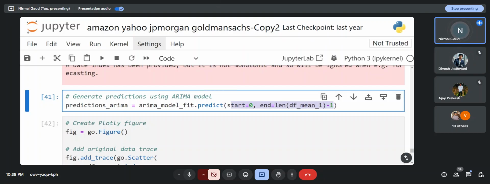So if you need to predict the future, your start will be the last index of your series plus one, and the end will be as many as you want. You understood what I'm trying to say? The start will be last index plus 1, and the end will be, for example, you want 10 predictions, so just add 10 to this value.